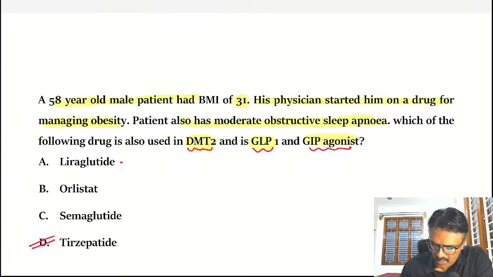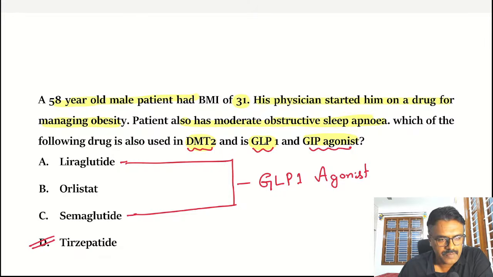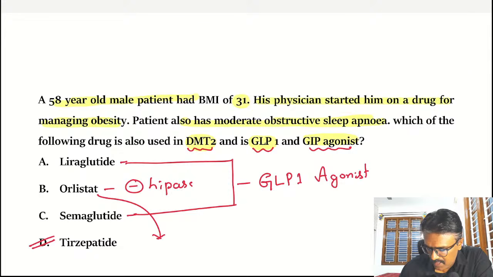We can also use liraglutide and semaglutide. Liraglutide and semaglutide are only GLP-1 agonists, which are used for diabetes and also obesity. Orlistat inhibits an enzyme called lipase in the intestine. So what happens if you inhibit lipase in the intestine?